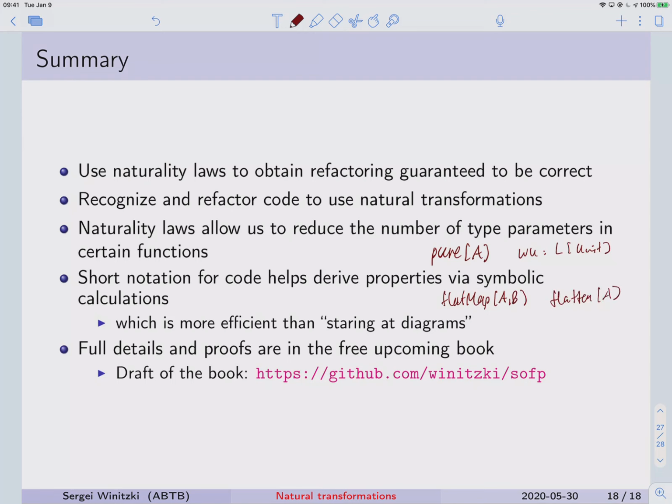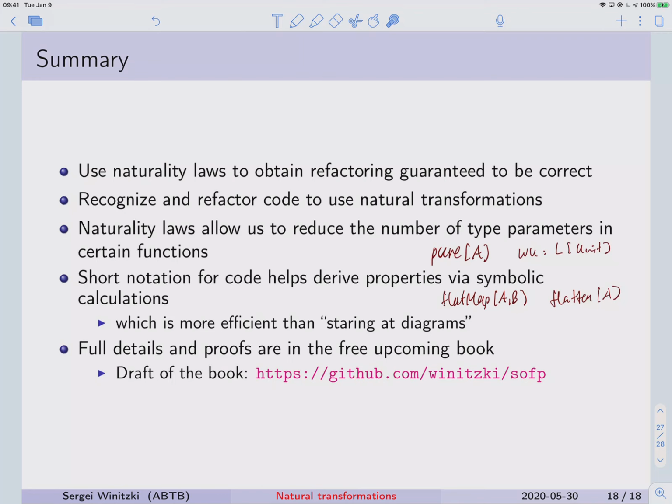So naturality law is used to show that this is equivalent to this and this is equivalent to this. So this is what I mean by reducing the number of type parameters. You can show that a function with more type parameters, but the naturality law, is equivalent to a function with fewer type parameters. So here I do not assume the naturality law, which I crossed out. So there are simpler functions that are simpler to reason about, but they're fully equivalent to others. And in order to show the equivalence, you need the naturality law.